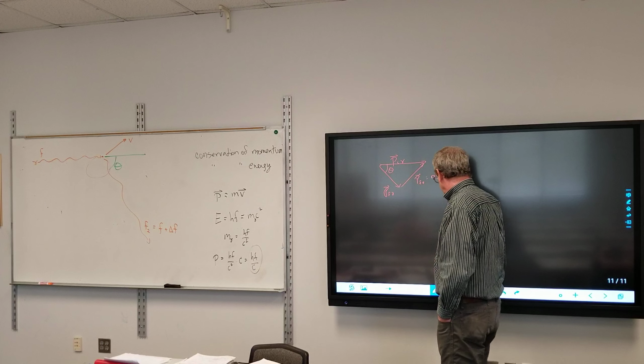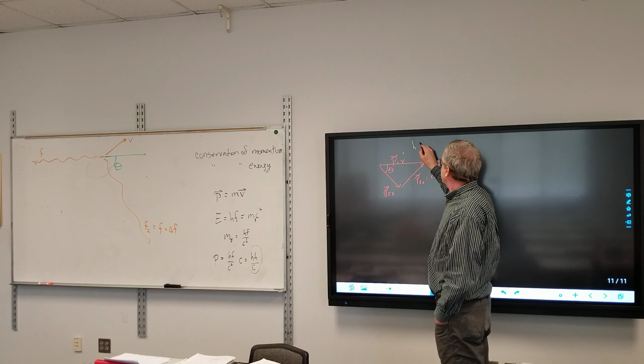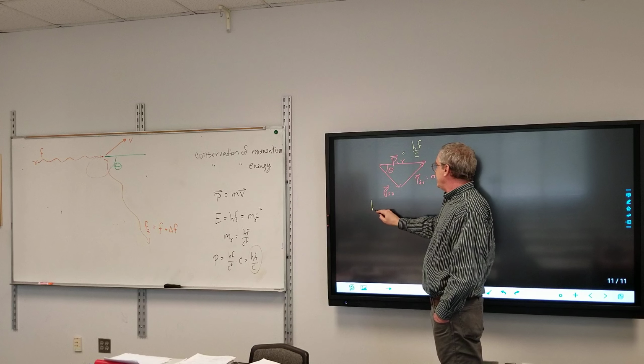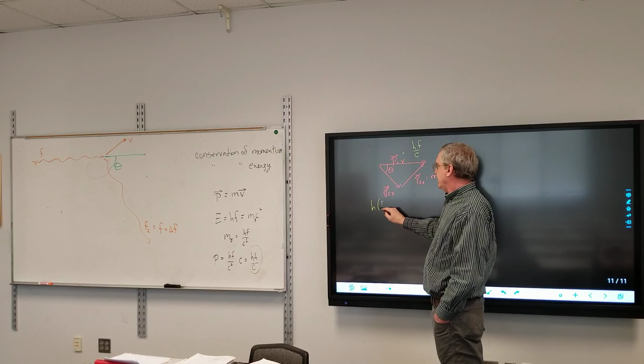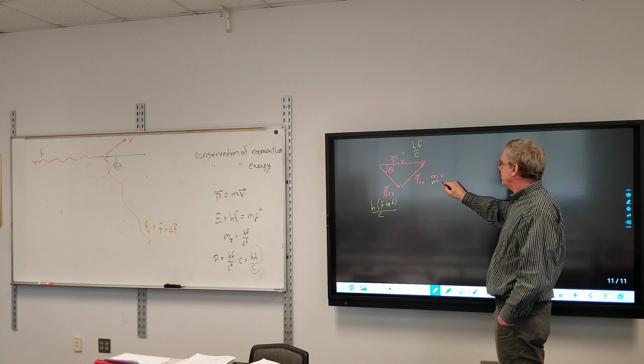This momentum is going to be hf over c, and this one down here is going to be my final momentum, h(f plus delta f) over c. And this is mv.